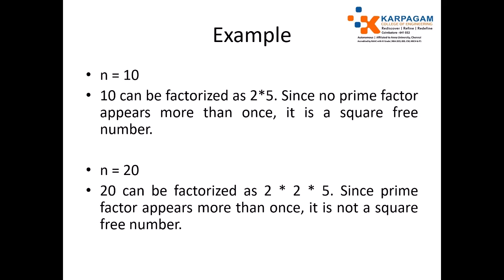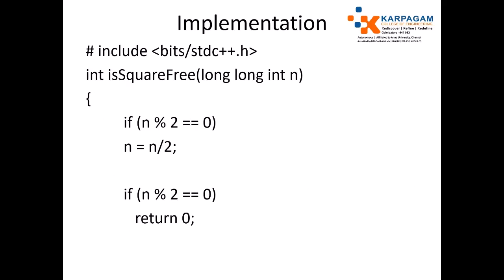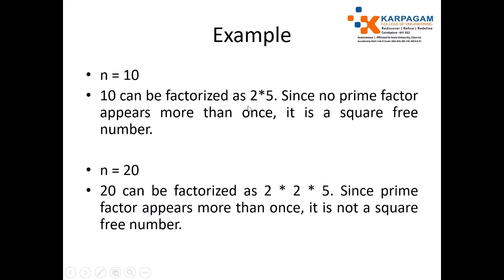So for the purpose, we need to first check whether a number is a square free number or not. Then we need to count the number of square free numbers which divide n. So this is the implementation for finding whether a number is square free or not. We need to identify the prime factors, so we factor it using prime factor logic.